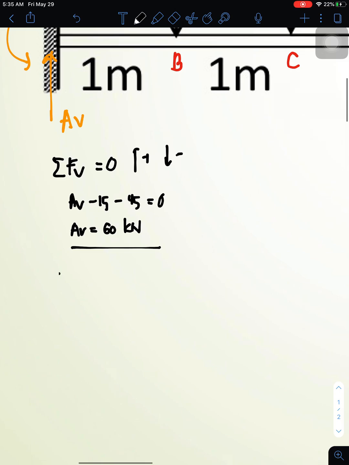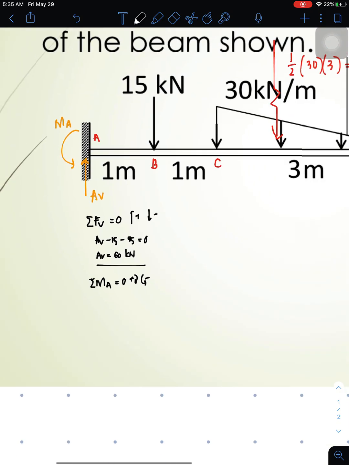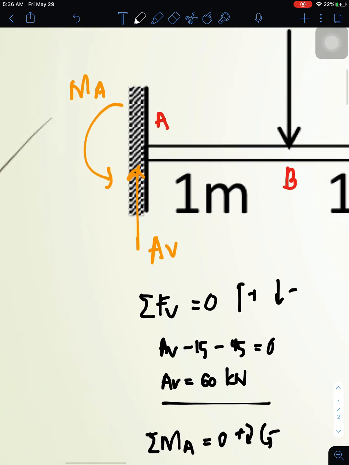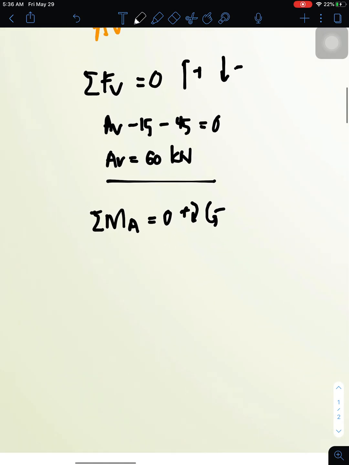Next, summation of moment at A. Clockwise positive, counterclockwise negative. For MA, I assumed that it's going to be counterclockwise. If we arrive at a negative answer, then it's just that the direction is the opposite. So negative MA.